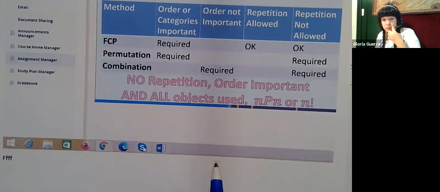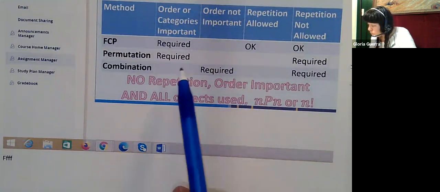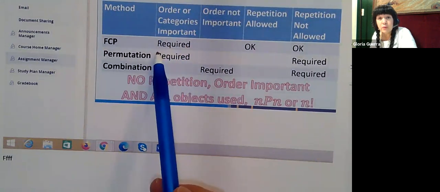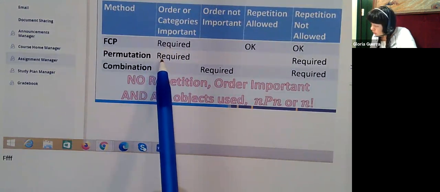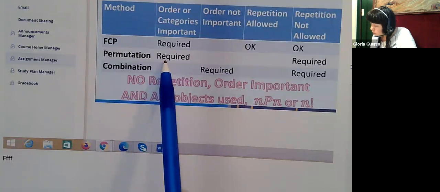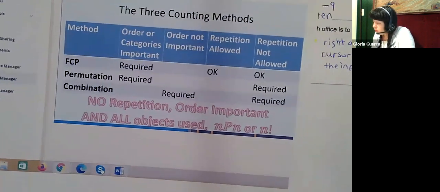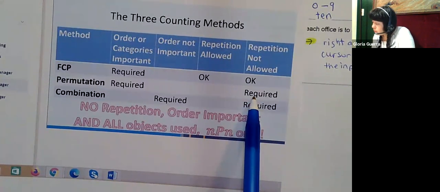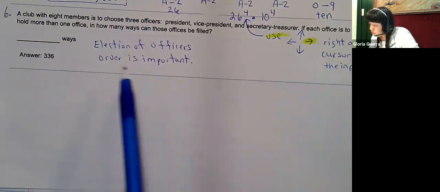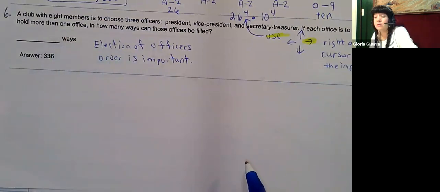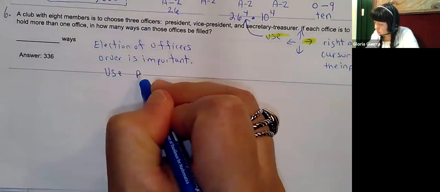This is probably the best one to use because of the wording that's down here. If you look at order being important, see how they have that here? Order is important. Yes, I would make use of the permutation for that. And it does say over here also repetition not allowed. They're saying that no person can hold more than one office, so that kind of seals that in. And so we're going to use permutation.